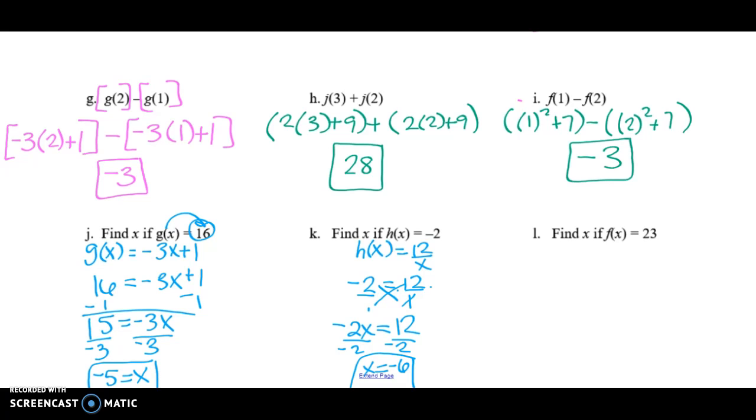And last, f of x equals x squared plus 7. F of x is equal to 23. So we've got to solve for x. Start with subtraction. 23 minus 7 gets me to 16.